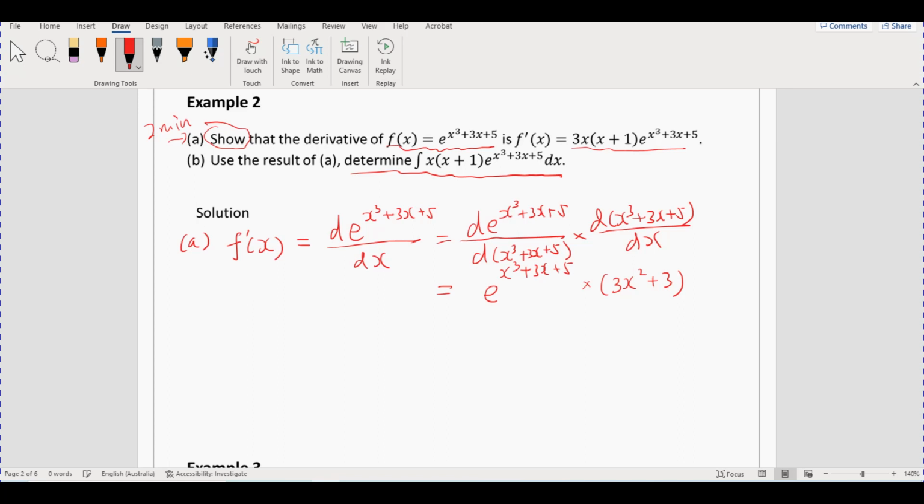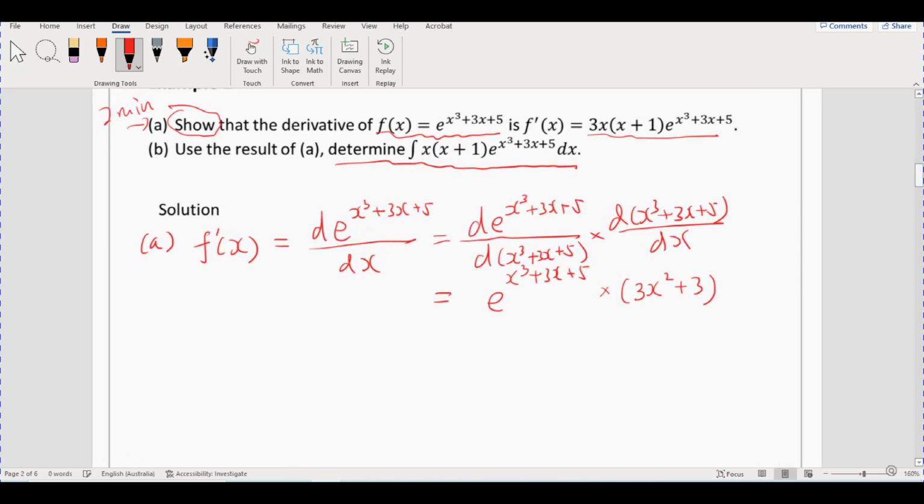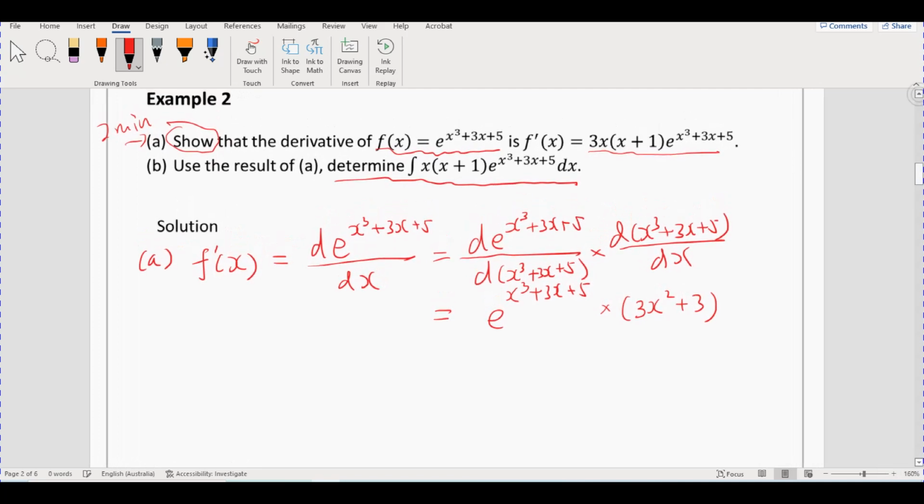Oh, sorry, I feel I missed out something in my question. Can you add something here? Sorry, there's a typo right here. I just found out. Sorry, it's not my intention. It should be 3x squared. Can you do that, 3x squared over here? Sorry about that.